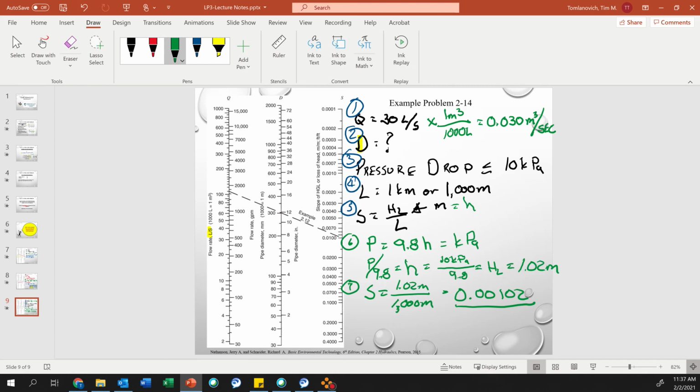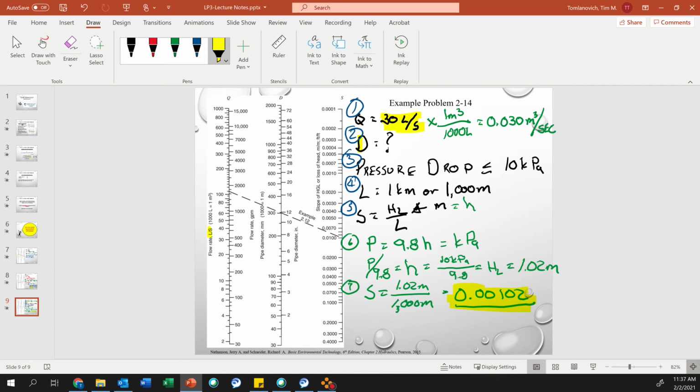Same thing. But when you look at this chart, don't go to 0.03, you want it in liters per second. These two values are equivalent. So we have our hydraulic grade line, our S term. We have our flow rate of 30 liters per second.